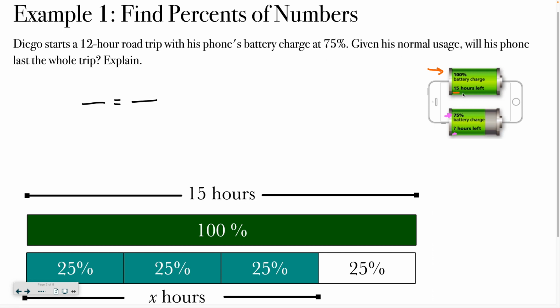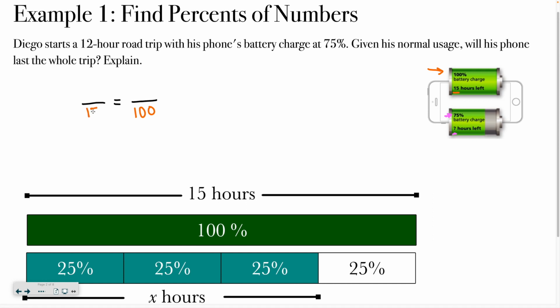So looking at that very first piece of information, I see that 100% and 15 hours are related. So I'm going to write 100 on the bottom of the second fraction, and you will typically see me do that. That's the spot that I like to put the 100, okay?